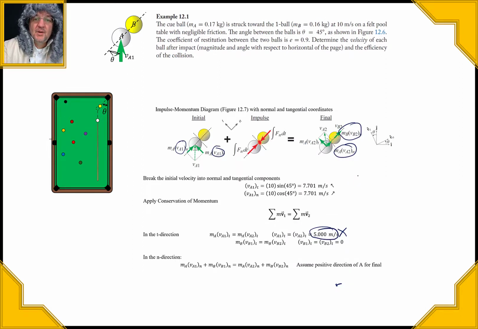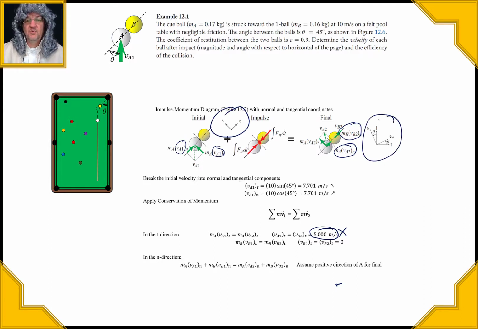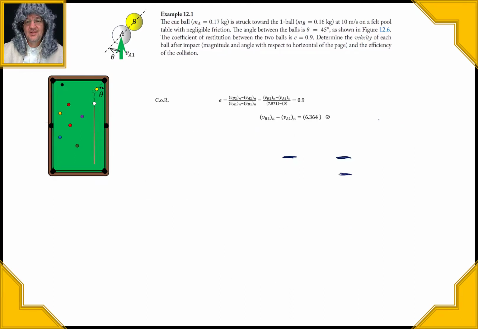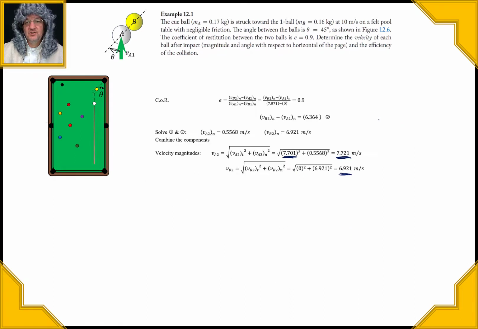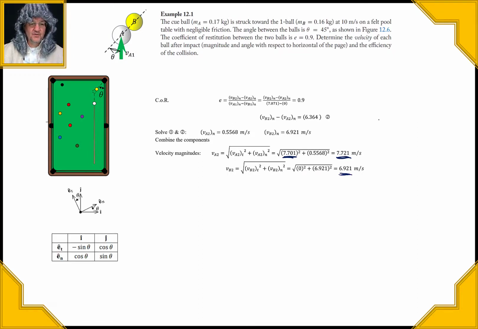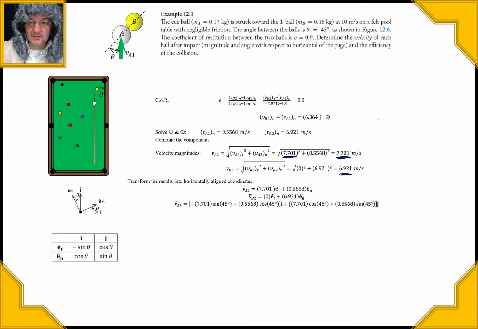Flashing back to here, remember that these are the coordinate systems that we're using, and I even included it over here in this diagram. There's the coordinate axes that we're using for this, but we would rather give our solution in terms of rectangular components. So we want to do a coordinate transformation. Here is the vector of ball A, and here's the vector of ball B afterwards.